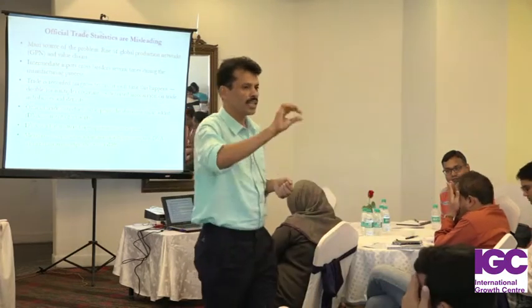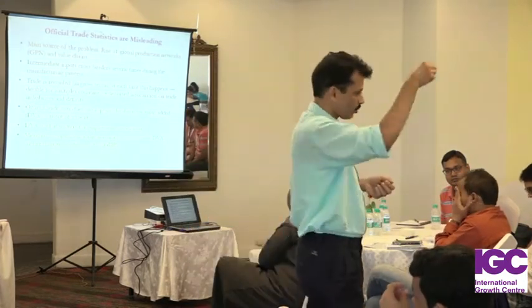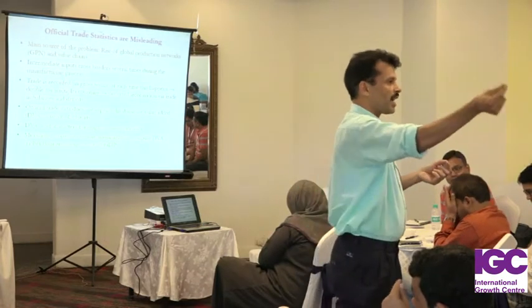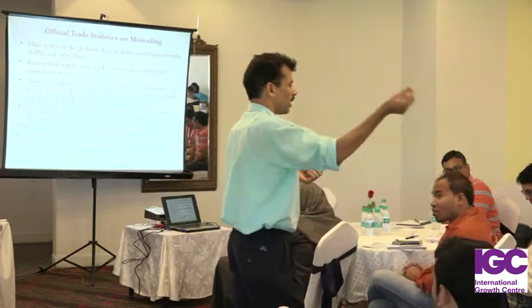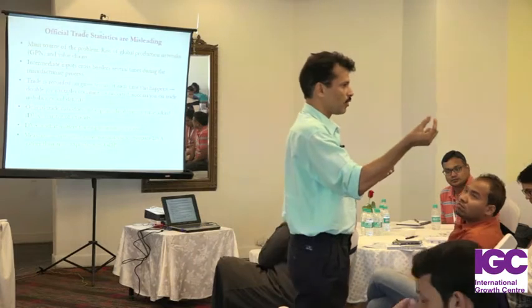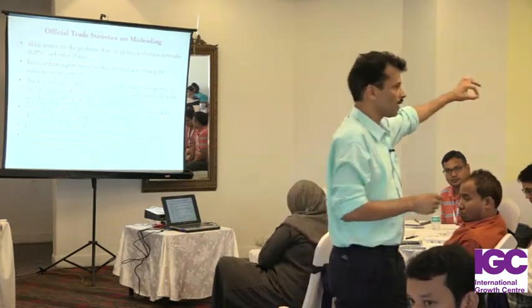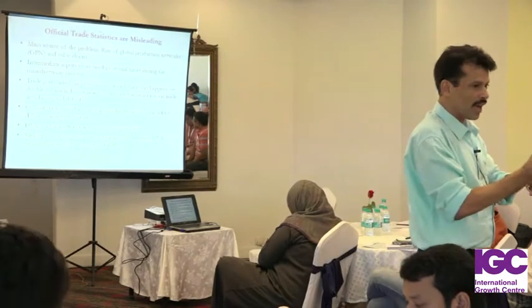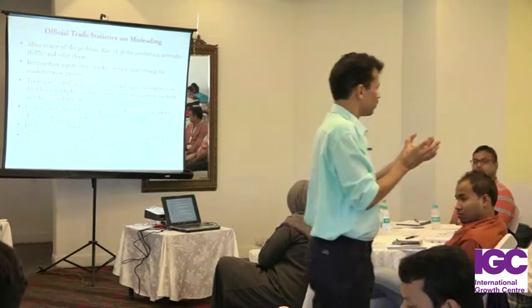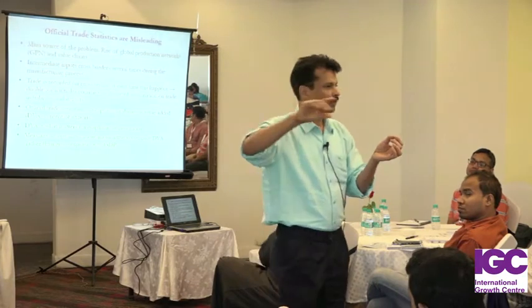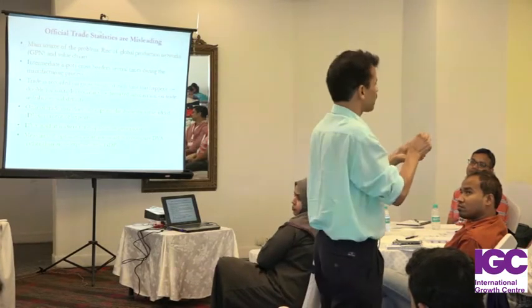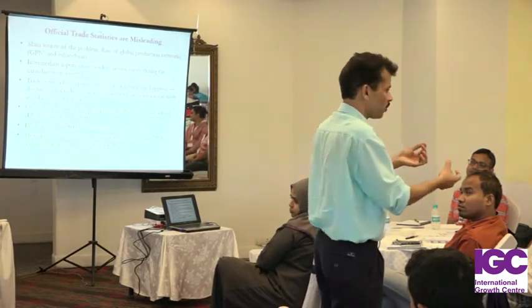Japan is sending an intermediate good to Korea first. At that time Japan customs records that transaction, and the value of that transaction shows that this much of good has gone to Korea. Then Korea gives some value addition to that particular intermediate good and sends it to Taiwan. Then again the value of the same good is recorded.